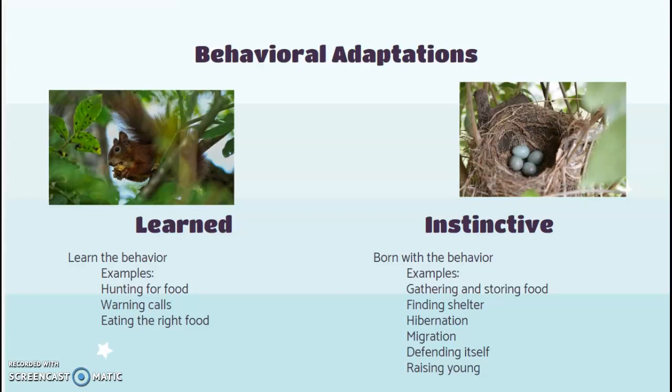There's learned and there's instinctive. Learned is hunting for food, warning calls, eating the right food. And instinctive, you are born with them: gathering and storing food, finding shelter, hibernation, migration, defending itself, raising young. For the most part, those are instinctive adaptations.